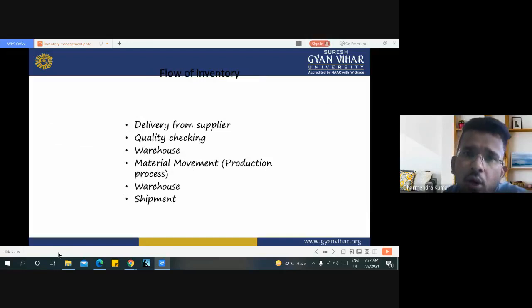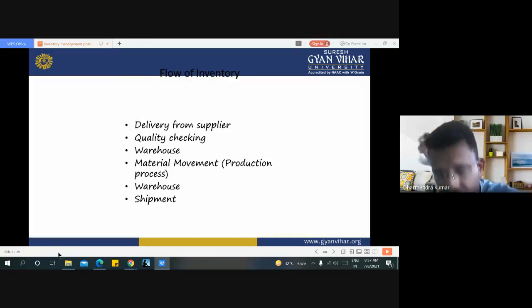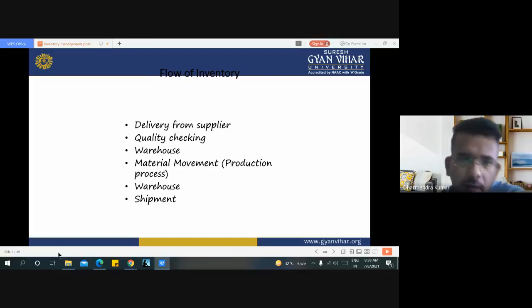This is the overall flow of the inventory from the supplier to the shipment of finished goods. Here, supplier represents the supply of the raw material to the company, and the shipment represents the delivery of the finished good to the end customer of any plant or any product. First one is delivery from supplier.